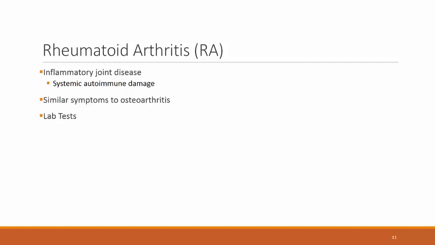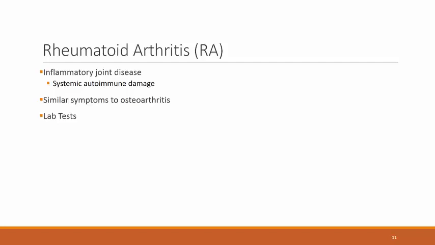In osteoarthritis, usually the small bones aren't affected that much, and osteoarthritis is a big joint disease, such as the knees.